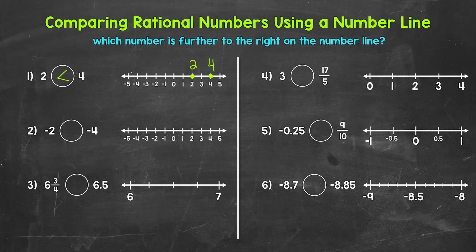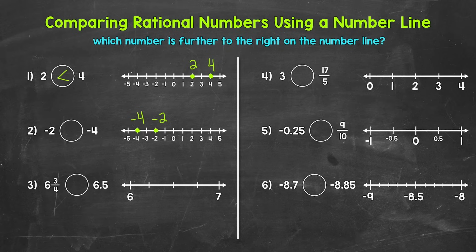Let's move on to number 2, where we have negative 2 is greater than, less than, or equal to negative 4. Well, negative 2 is right here on the number line, and negative 4 is right here. So which number is further to the right and therefore greater in value? Well, negative 2.